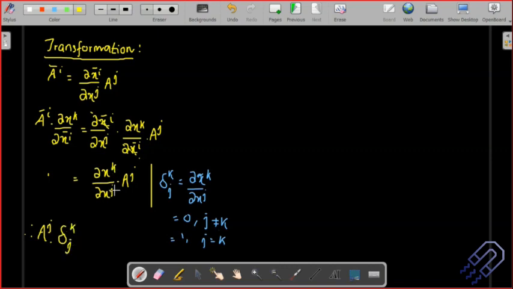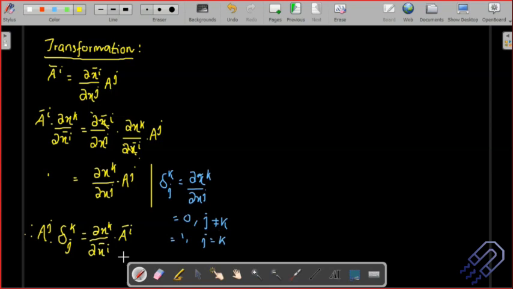If j was on top and k was at the bottom, I would have written it as jk. Okay, that is the representation, don't get confused here. This is equal to del xk divided by del xi bar into a bar i, or ai bar.